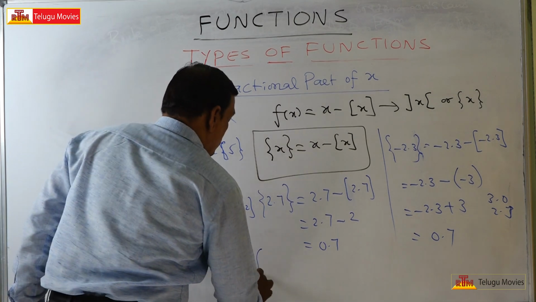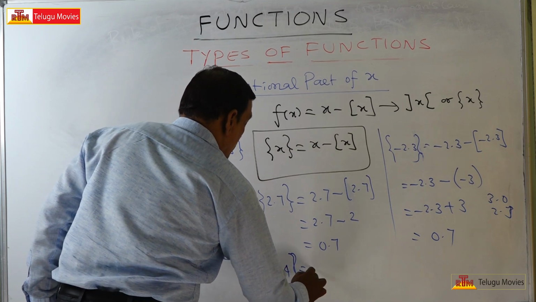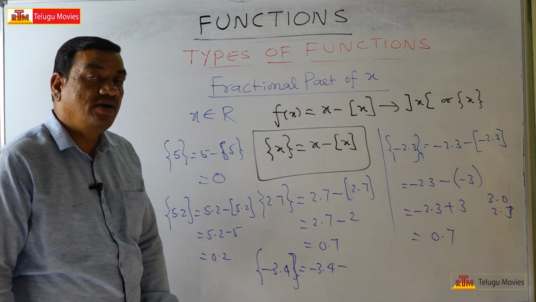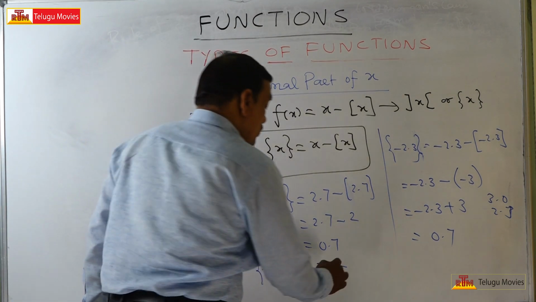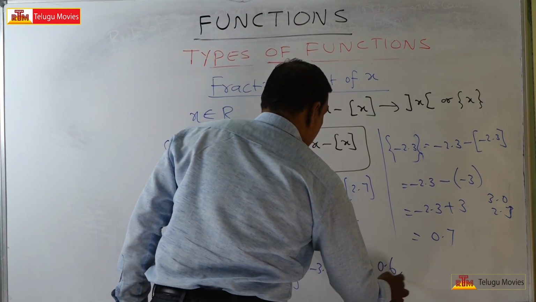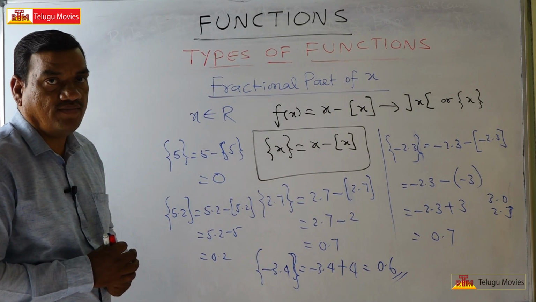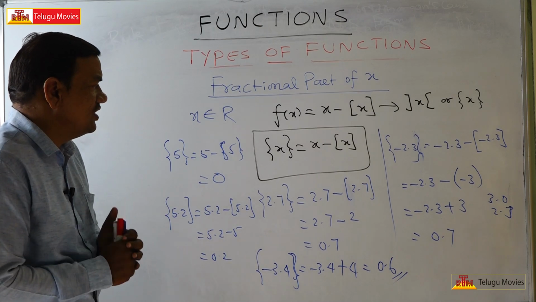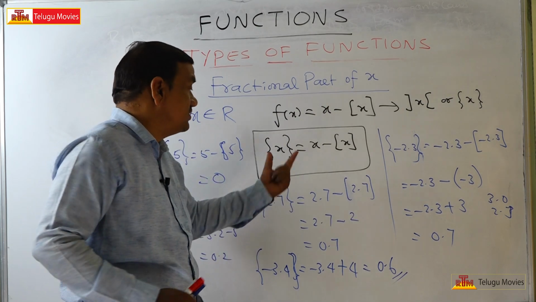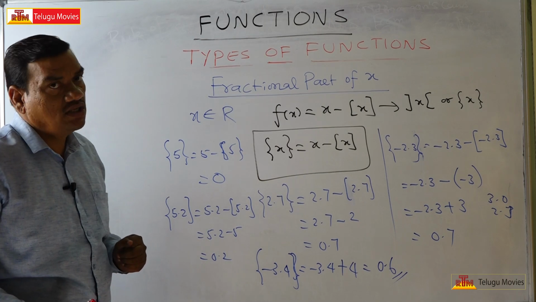For example, the fractional part of minus 3.4 is minus 3.4 minus step of minus 3.4, which is minus 4, so it becomes plus 4. So this is equal to 0.6. 0.6 is the fractional part of minus 3.4. So this is the definition: x minus step of x gives the fractional part of x. Okay now? So I hope that you understand this concept.